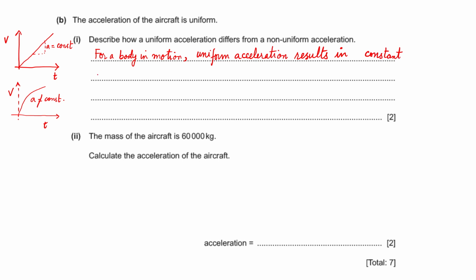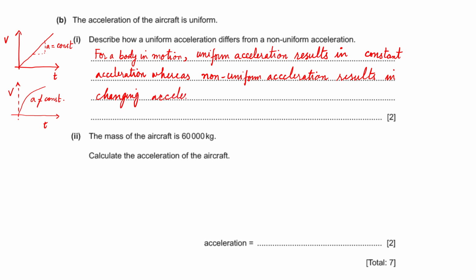See, this is constant acceleration, whereas non-uniform acceleration results in changing acceleration.